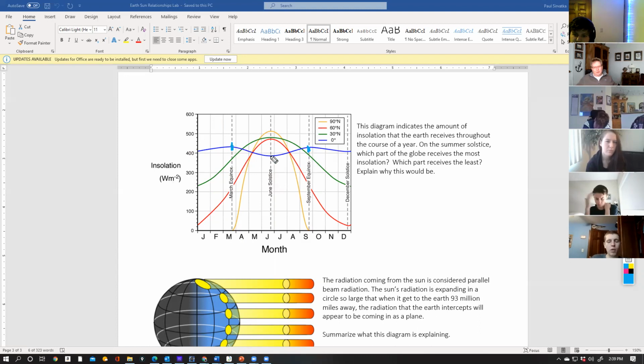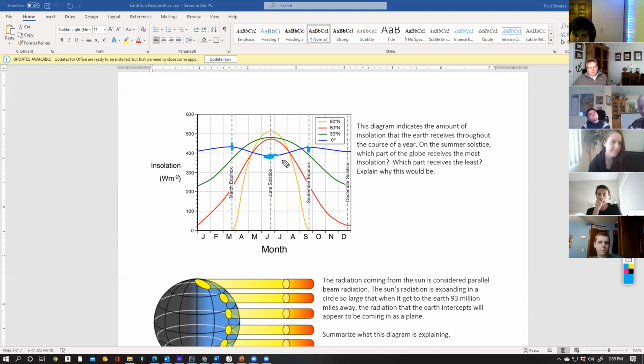When I go to the summer solstice, how far off of the zenith is the sun when you're on the equator? 23.5 degrees, right? Because it's over the Tropic of Cancer or the Tropic of Capricorn. So at the equator, notice that the amount of radiation hitting the surface varies, but not by much.